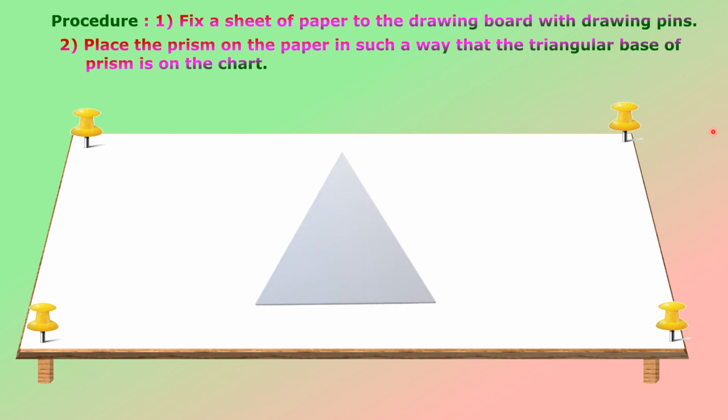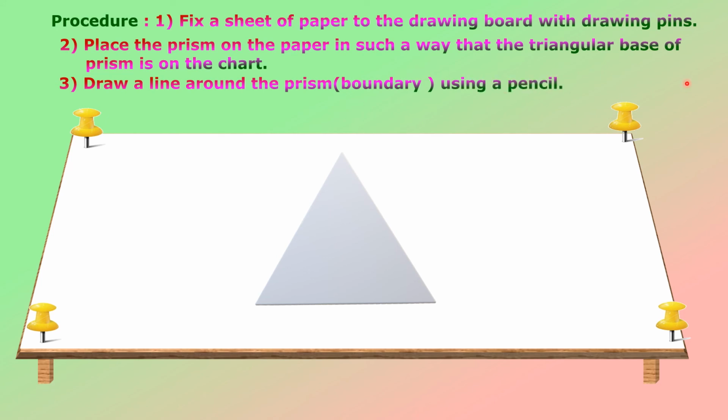Okay, now we have to draw a line around the prism, isn't it? I am going to draw the outline of this prism here. Draw a line around the prism, that is the boundary, using a pencil.